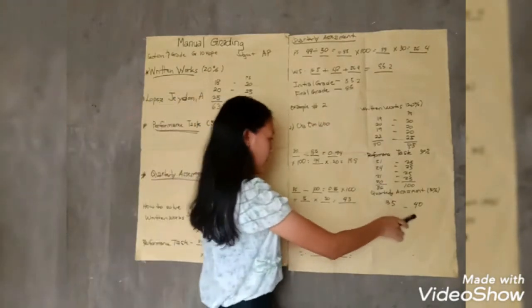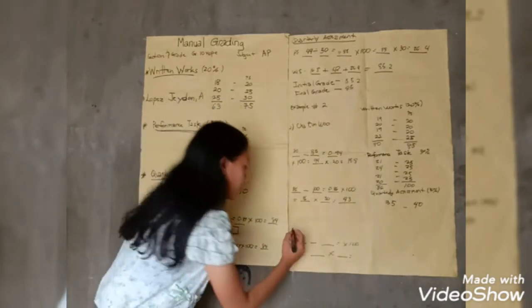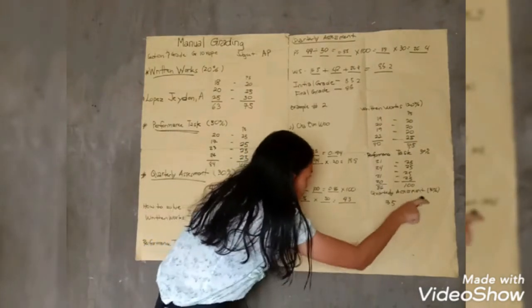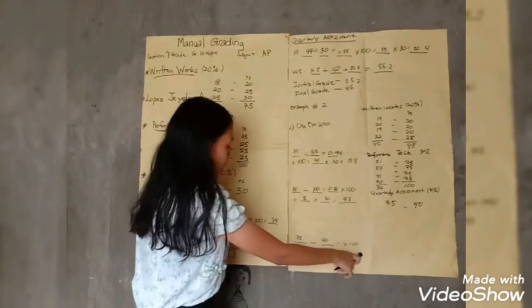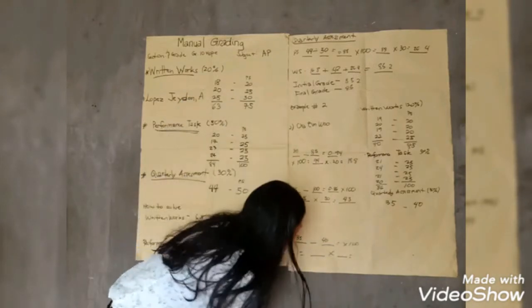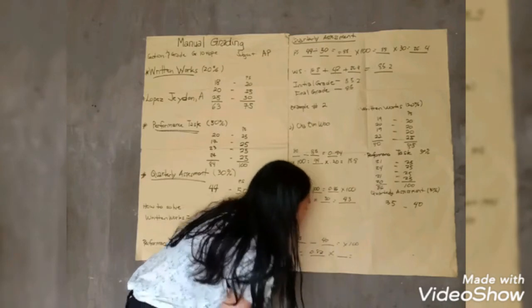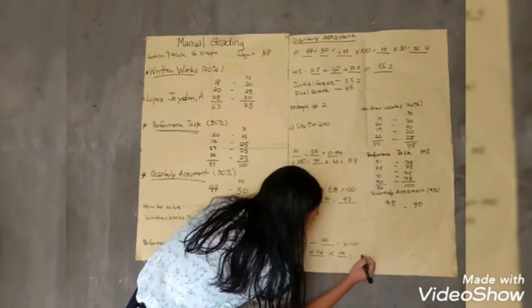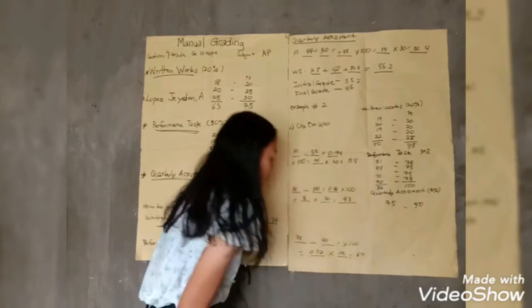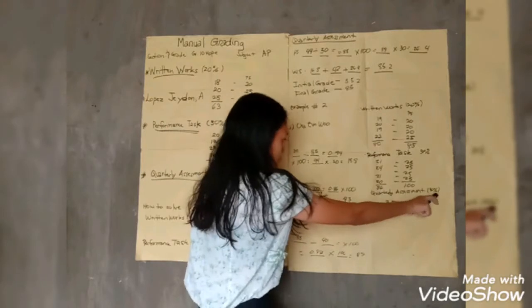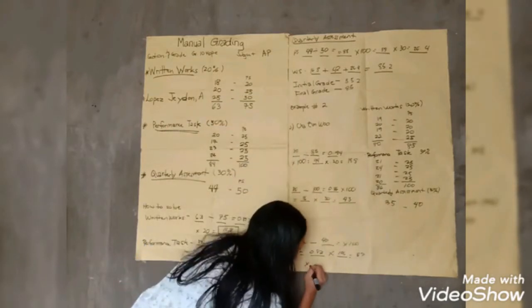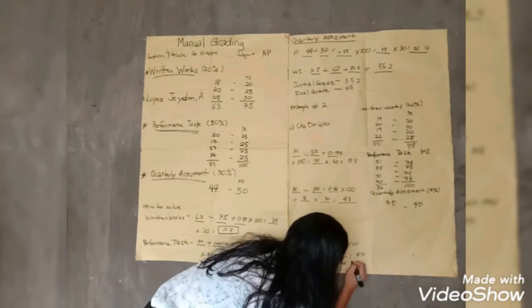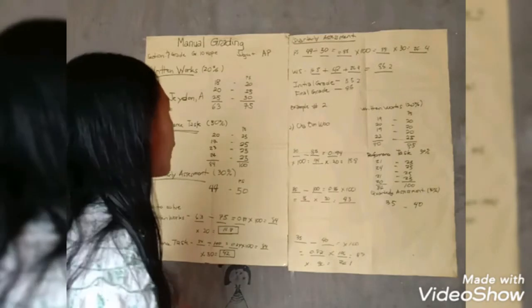And for the quarterly assessment, 35 divided by 40, the highest possible score, equals 0.87. Times 100 equals 87, multiplied by 0.30, for 30%, equals 26.1. So we'll add again.